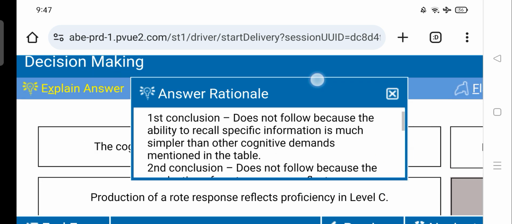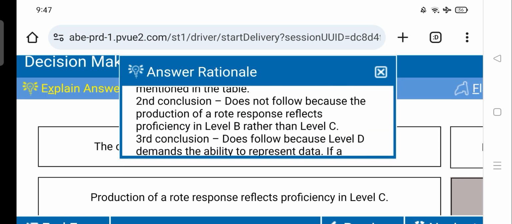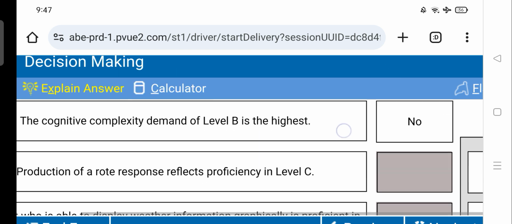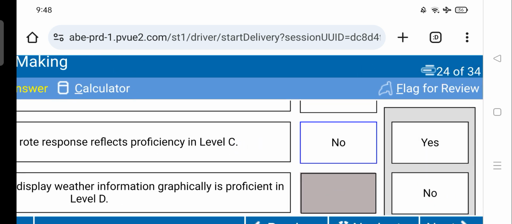Next we have a second conclusion. It does not follow because the production of a rote response reflects proficiency in level B rather than level C. So again it's a no, so we will drag a no and drop it here.